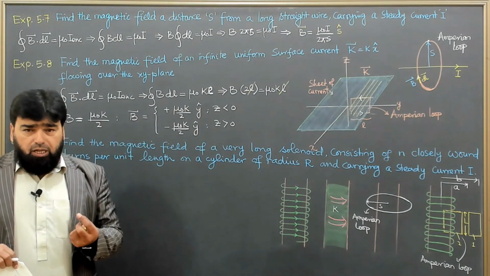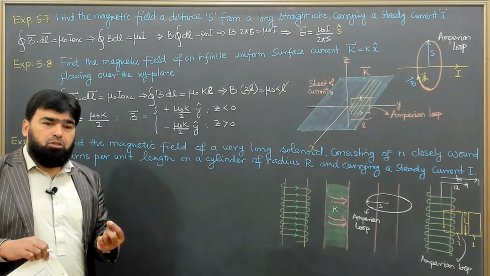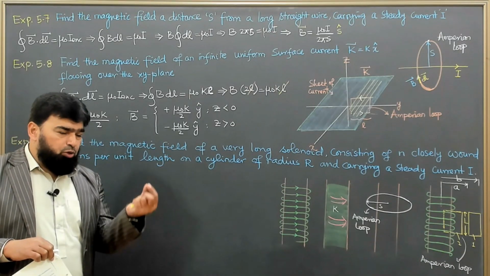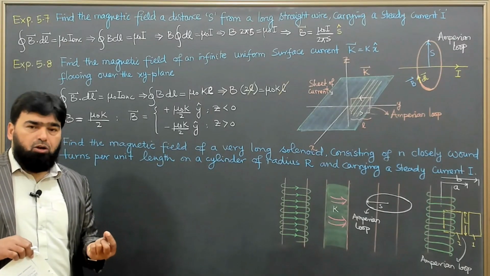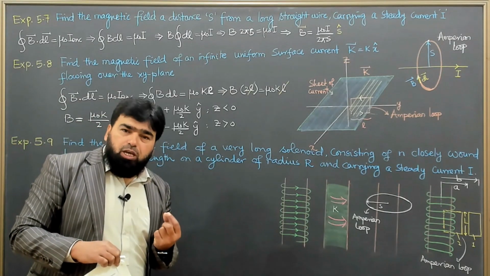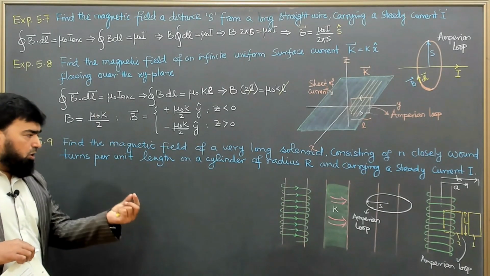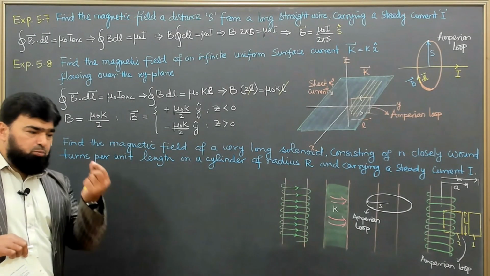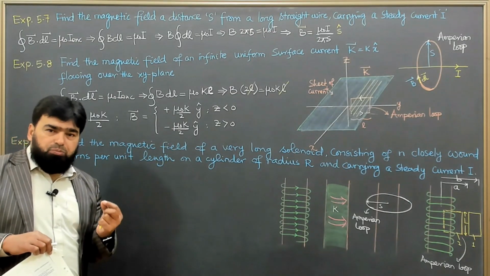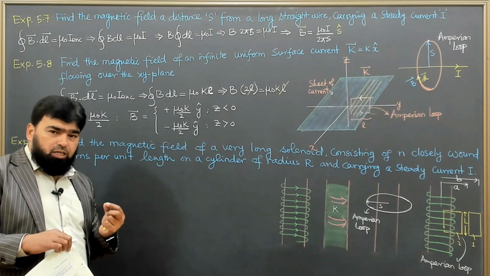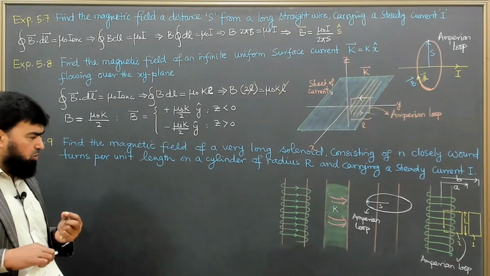So the question is, what is the contribution of the current going around the cylinder versus going along the axis? The axial current is considered negligible, and the main contribution is from the winding, from the wire, which is basically causing the magnetic field inside this solenoid.